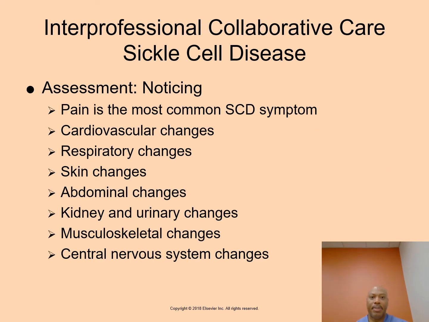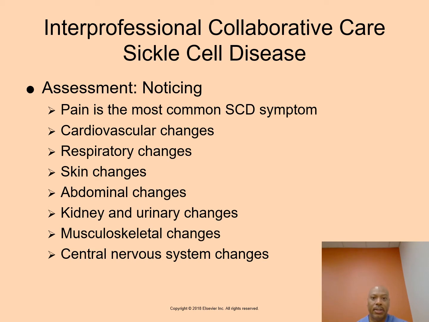Now, as far as assessment is concerned in our SCD patients, which is a chronic disorder, by the way, pain is the most common sickle cell disease symptom, but there's also a variety of system changes: cardiovascular, respiratory, skin, abdomen, kidney and urinary, musculoskeletal, and central nervous system.